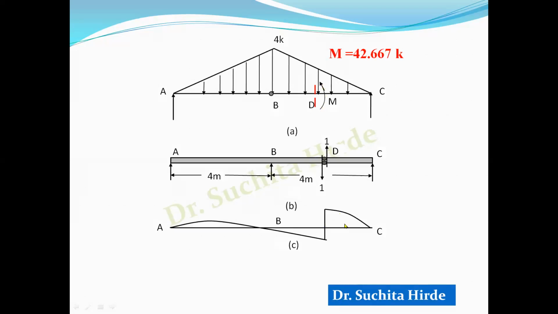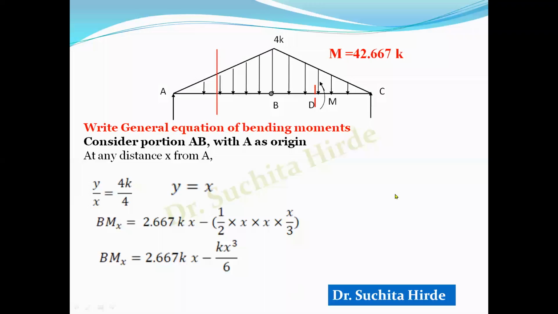Therefore we will divide all the ordinates by M in case of influence line diagram for shear force. Now we will write the general equation of bending moment for various portions, and then we will calculate the bending moment and deflected curve.